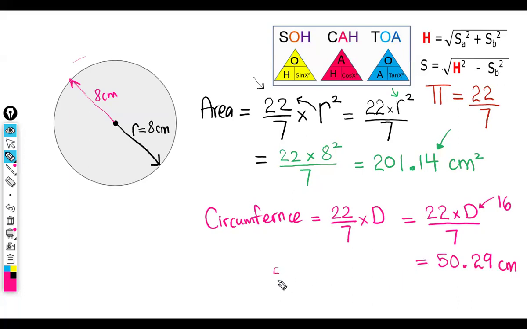Because if you look at it, it was 50.2857. The third decimal place is 5. When it's 5 or more, you have to add 1. So you have to have 50.29 to get full marks in the exam. Well, in a CXC exam in any case. A couple of people got this one wrong because they had the wrong diameter. For those who got it wrong, do you think you saw your mistake? Let me know in the chat.